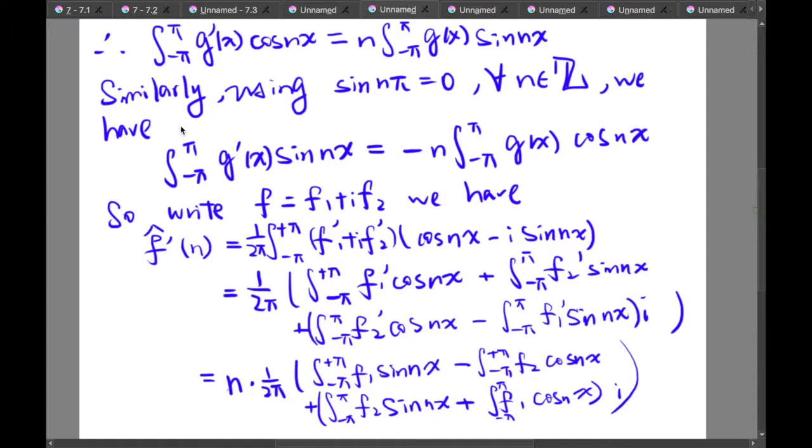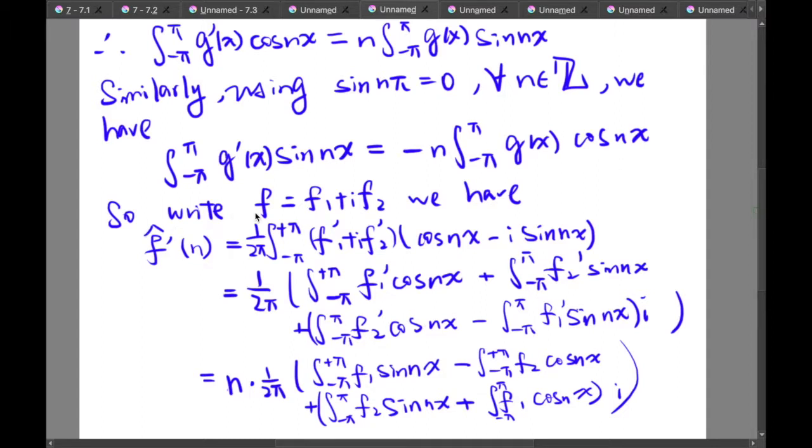Similarly, using the fact that sine n pi is equal to 0 for all integers n, we have the integral from negative pi to pi of g prime x sine nx is equal to negative n times the integral from negative pi to pi of gx cosine nx.